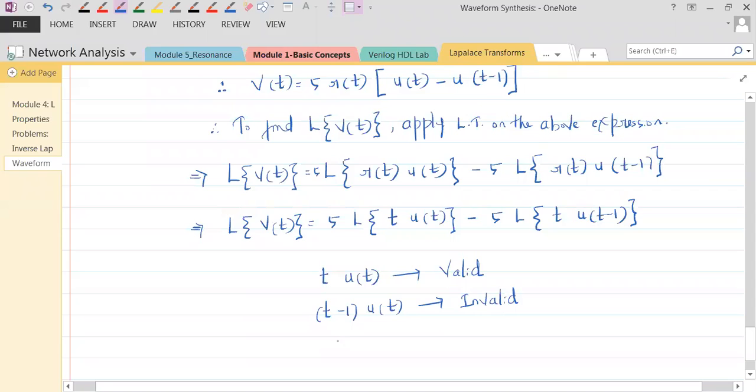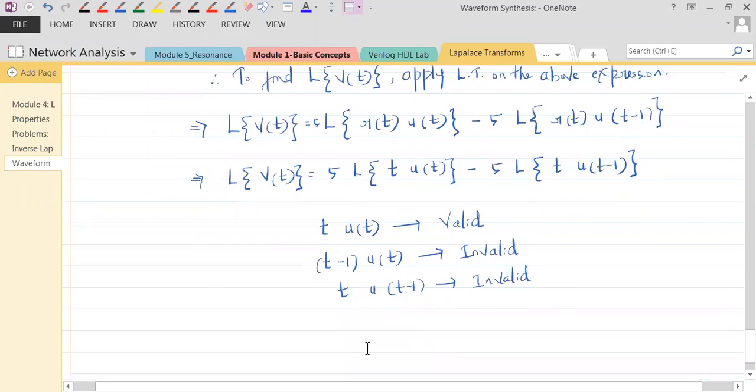Or for that matter, if this is t and if this is u of t minus 1, then also it is invalid. So what is valid form? See here, everybody, if you have t minus 1 here, you're supposed to have t minus 1 here also. So this is valid.